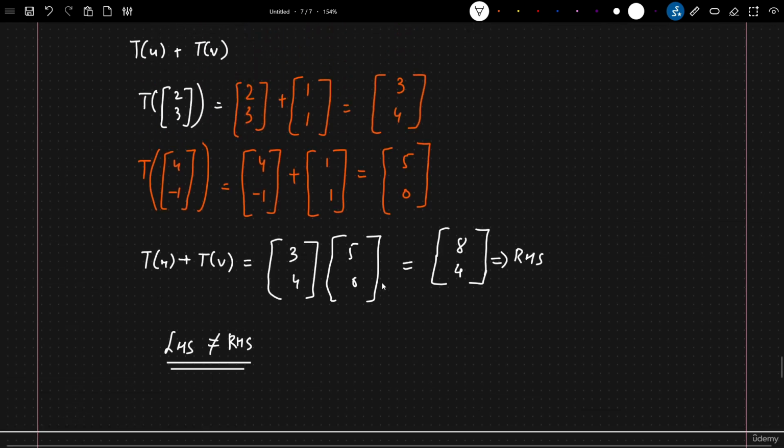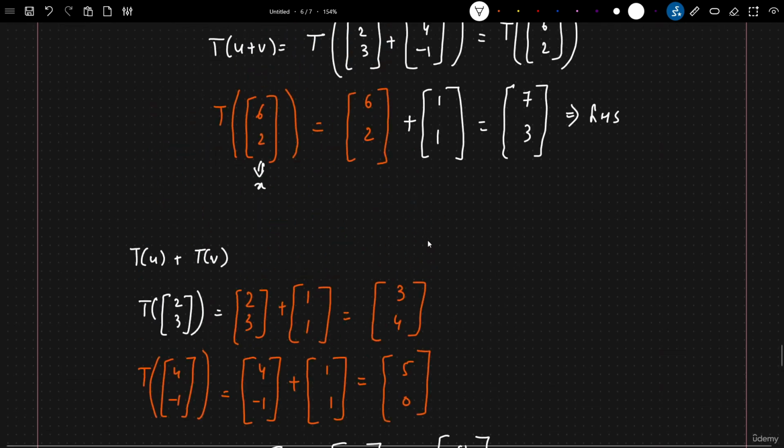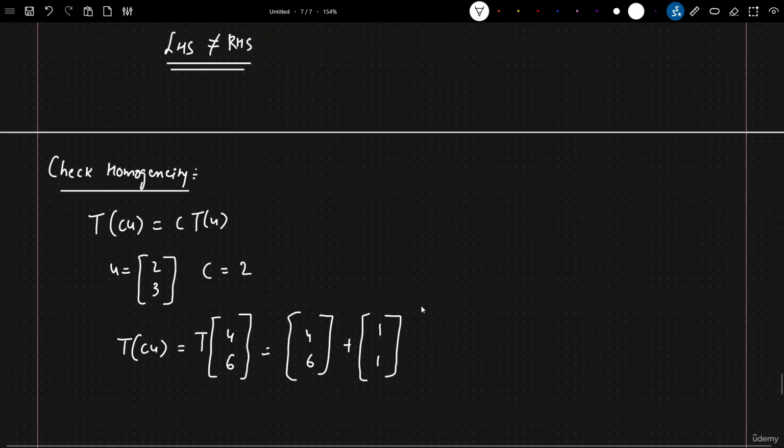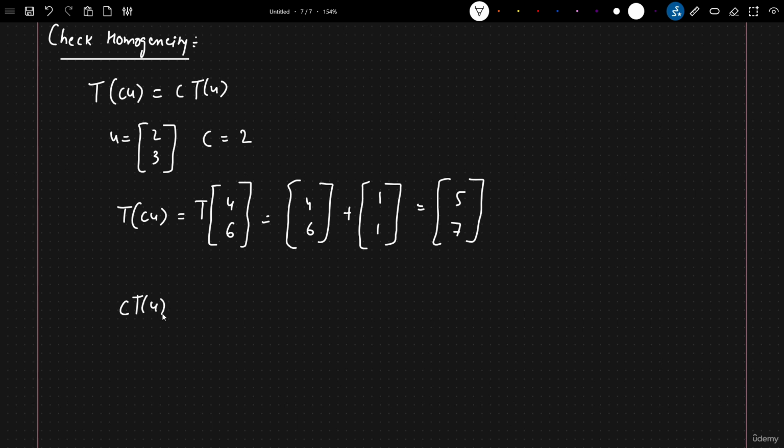Did I write the addition in between? Yes, before. So here this should be addition. Let's see if in other places I've added it also. Yes, I've added it. So this will finally be my 5, 7. Now this is my LHS. Now let's do the RHS, transformation with respect to U. So 2 multiplied by, sorry, it should not be 4, 6. It should be 2, 3 plus 1, 1.